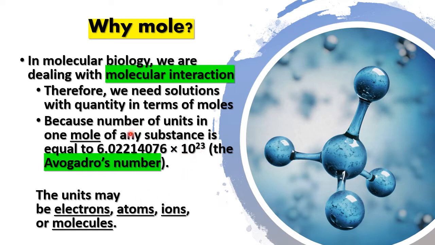So it means if you take 1 mole of glucose and 1 mole of sodium hydroxide, although they are different in their weights, they contain the same number of molecules. And the unit of Avogadro's number may even be electrons, atoms, ions, or molecules. But here we are more concerned about molecules, especially when we talk about molecular biology or biochemistry lab.